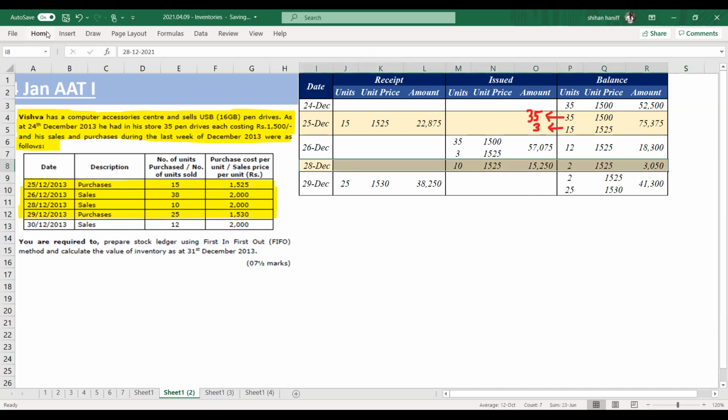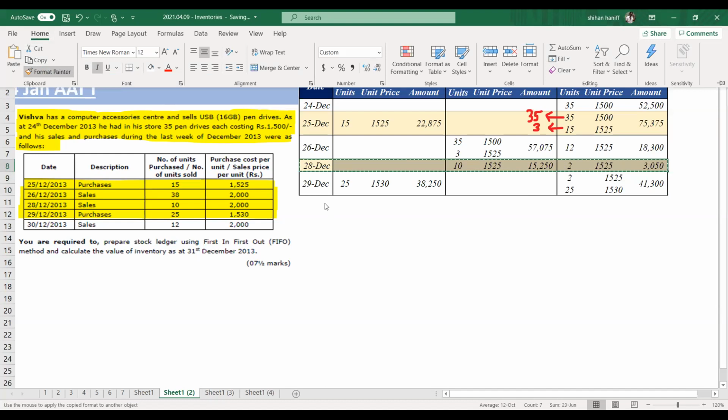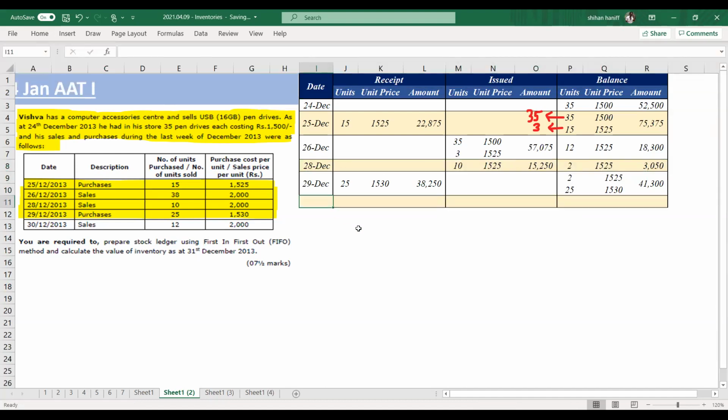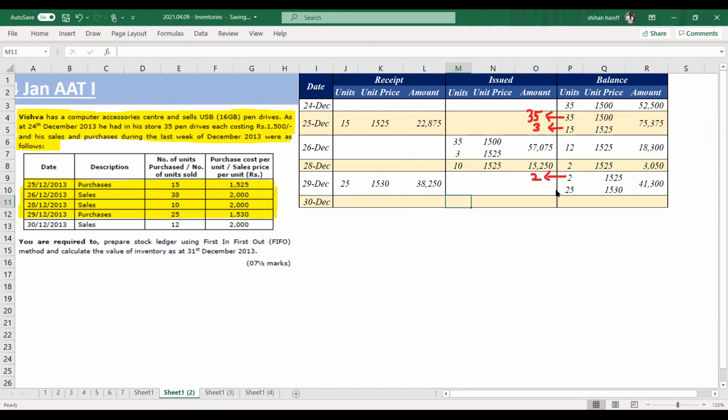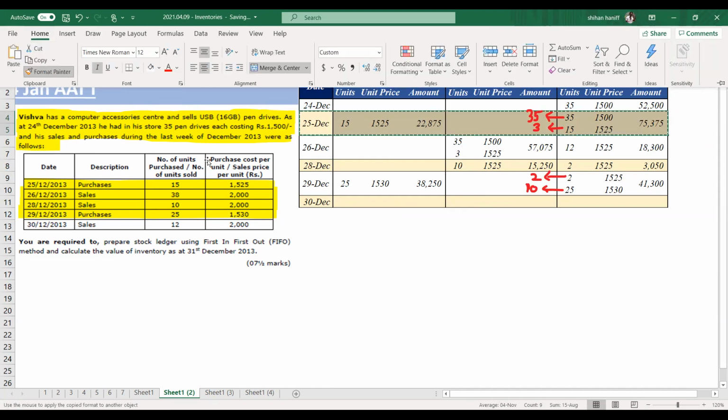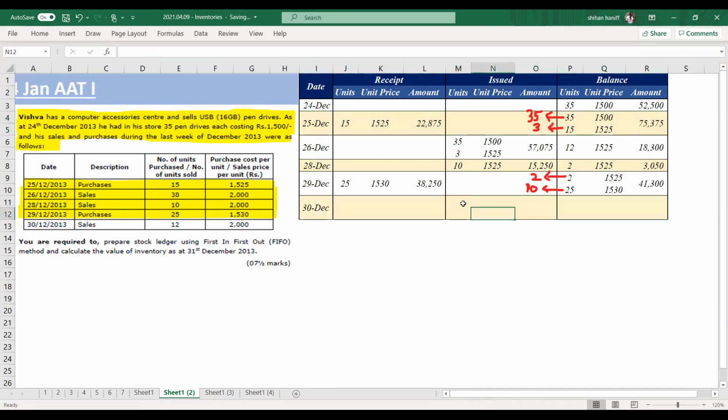Then there is a sale. This is 30th December. 12 units. So how do you sell 12 units? These 2 units plus 10 units from this. Right.